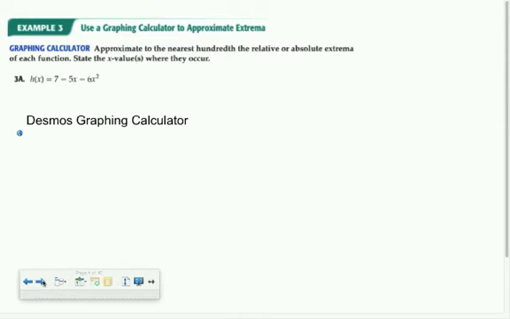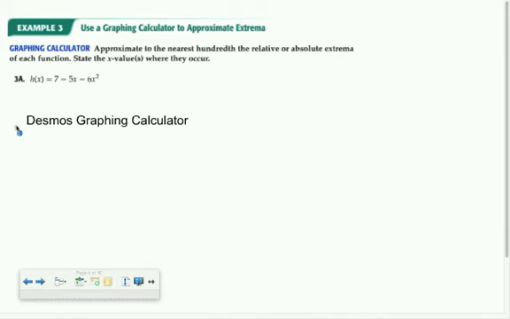And of course, there's a more precise way to do this. We can use our graphing calculators in order to get a more precise relative or absolute extrema. So we're going to use the Desmos graphing calculator, since I know most of my students don't have a TI-84 Plus.